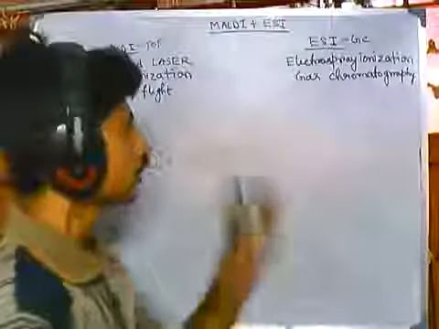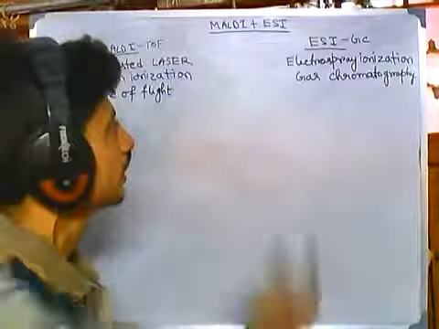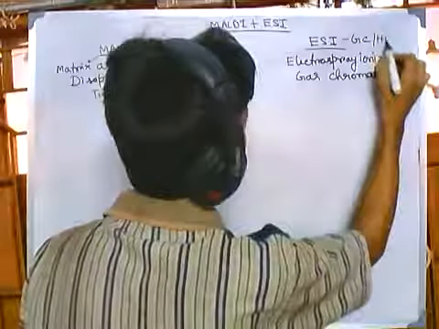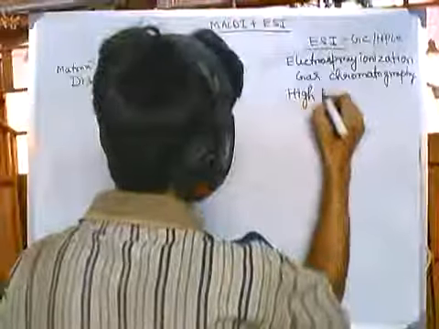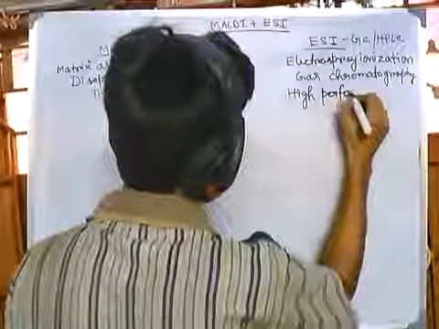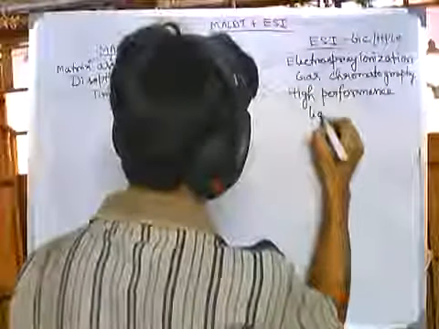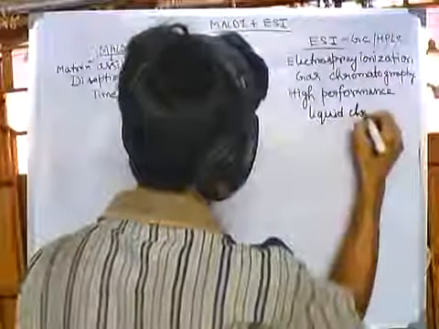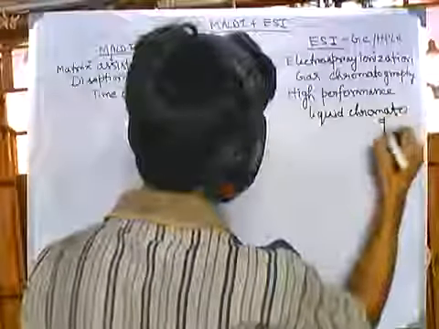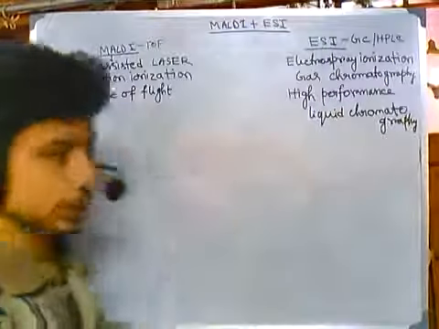I hope you all know what chromatography is, so I'm not going to talk about that. GC or HPLC is also attached to it. HPLC means high performance or high pressure liquid chromatography. Okay, so these are all the abbreviations.